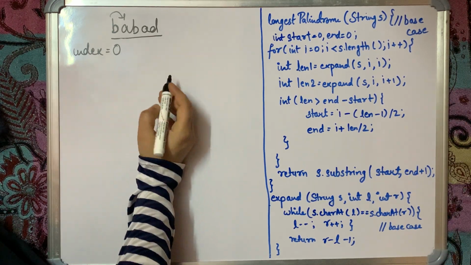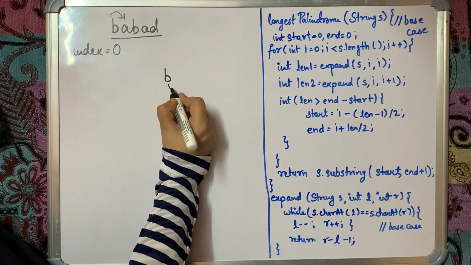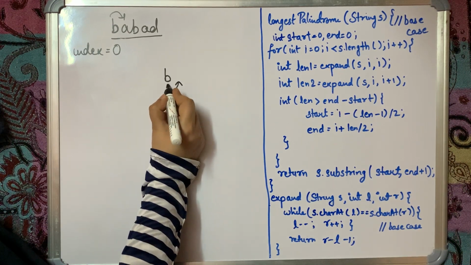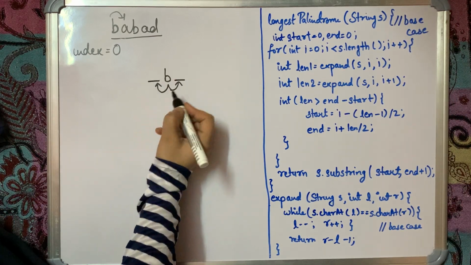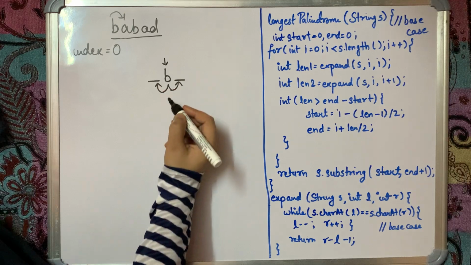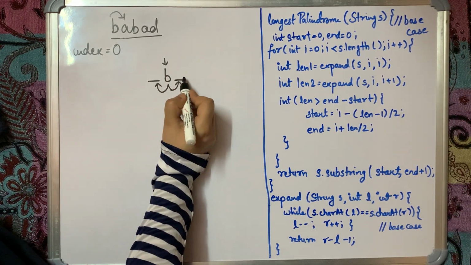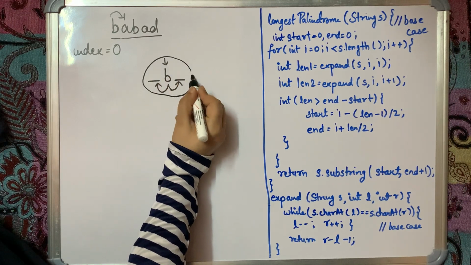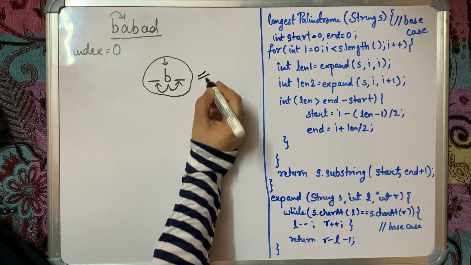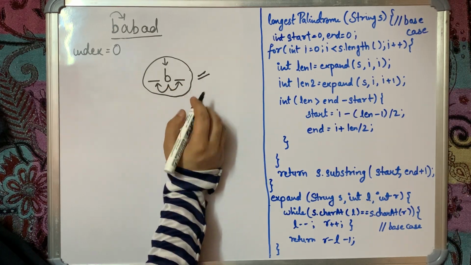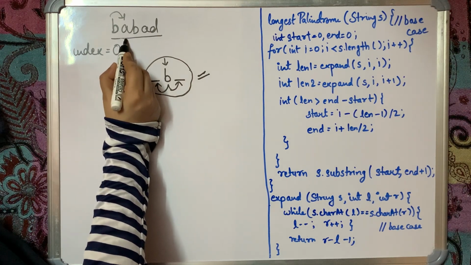Let's say you consider index B. Now you go one step ahead, you go one step back. If there is a character on each side, B itself is a palindrome of length one. Now you see if going ahead and back forms a palindrome or not. If it forms, you go ahead, and if it does not, you don't do anything, you just move to your next index, which in this case will be A.